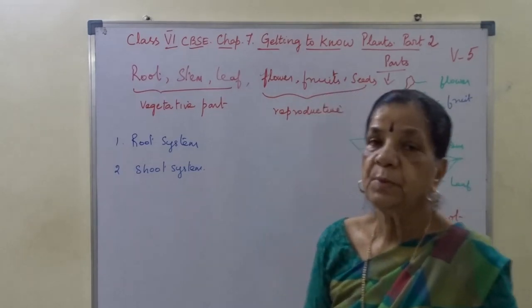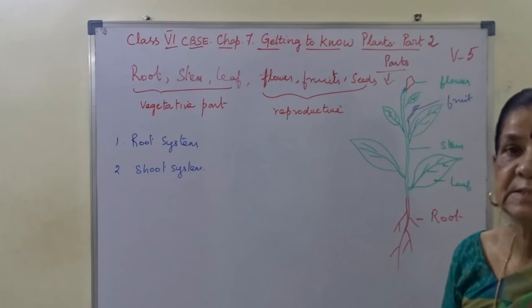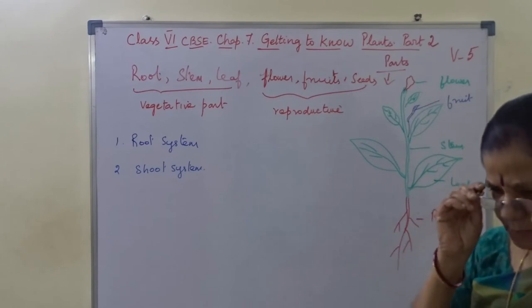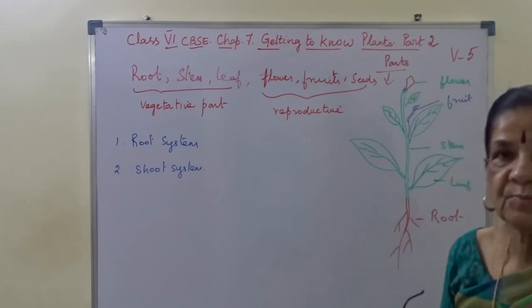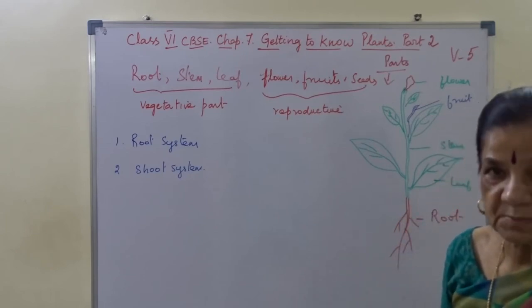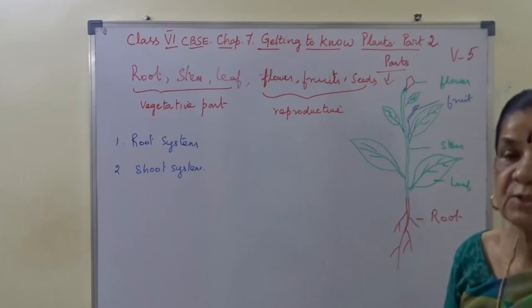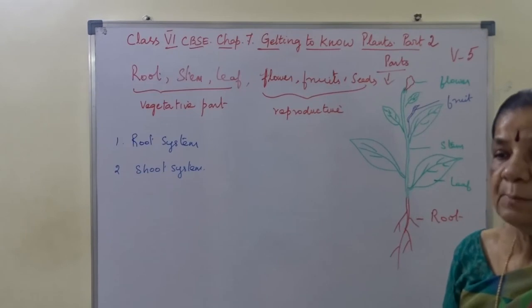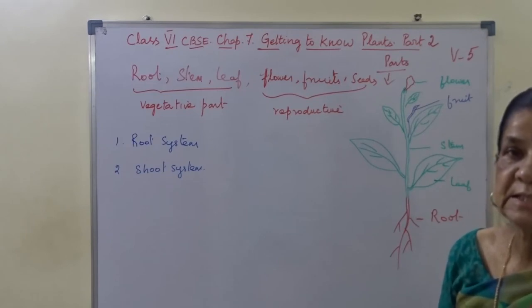Now in part 1, video number 4, we learned the habit of plants: herbs, shrubs, trees, creepers and climbers. They are called the habit of the plant. Otherwise, plants are categorized based on the nature of the stem.